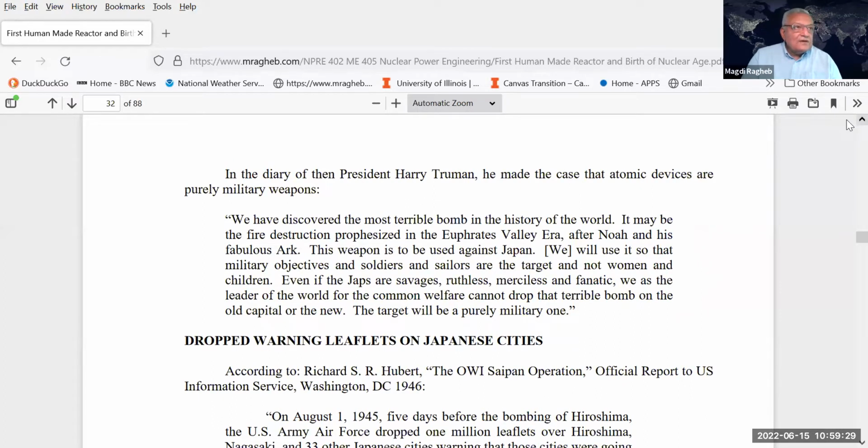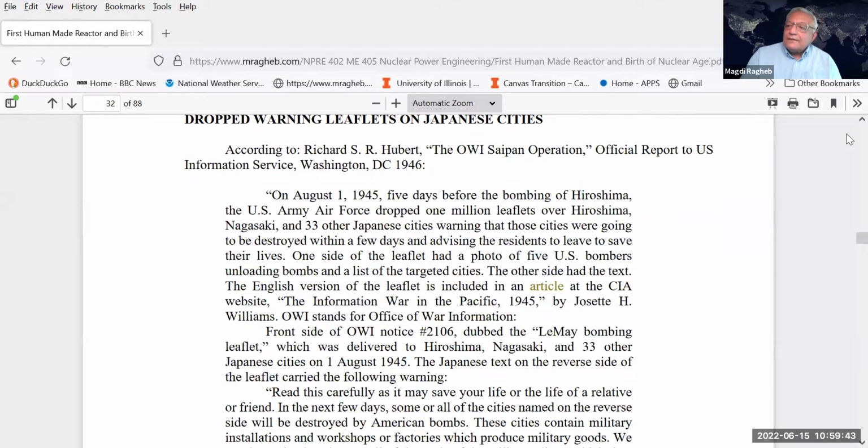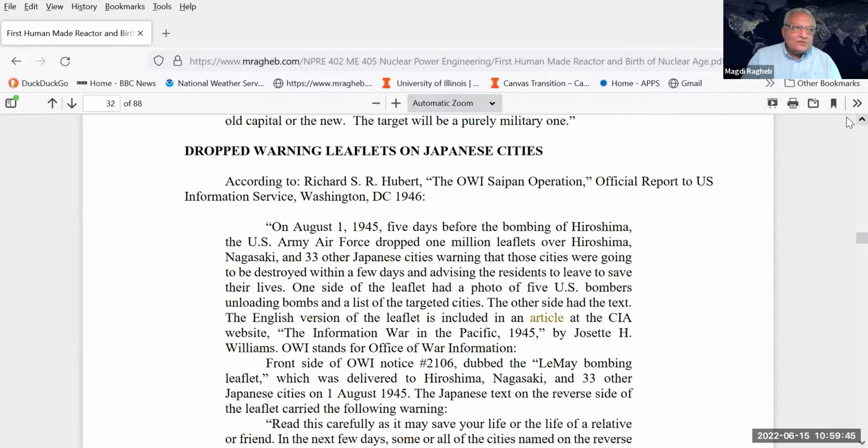At that time, President Roosevelt, who initiated the Manhattan Project, had passed away. He died, and he was followed by President Harry Truman. And the situation changed. The scientists knew already the tremendous amounts of energy that can be released from this type of weapon.